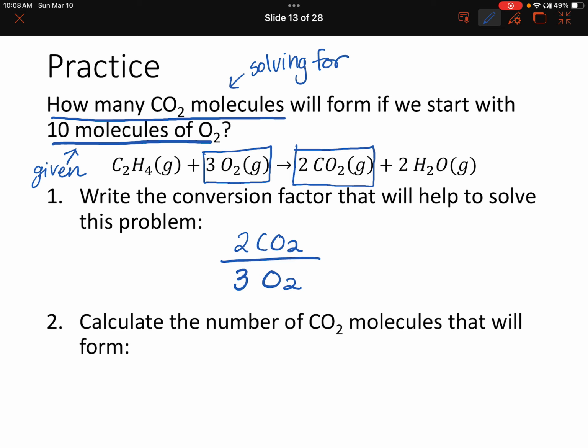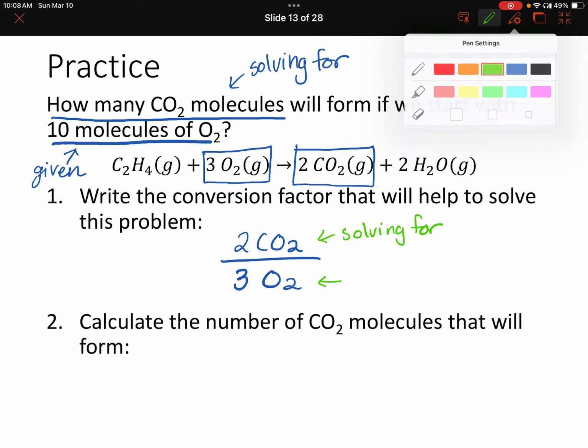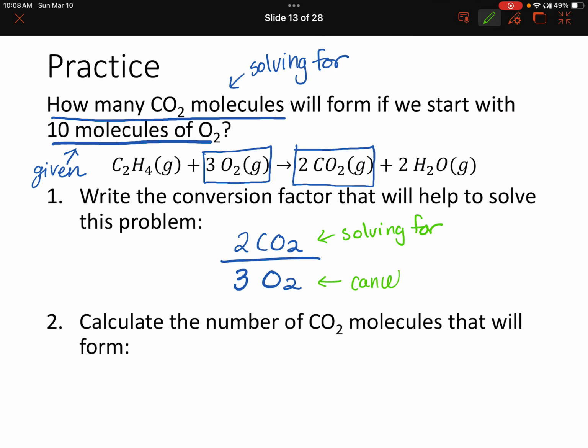So we'll put 3 O2 in the denominator. So again, we're solving for CO2 because the question asks how many CO2 molecules are we forming. And in the denominator, we put what we're canceling because that's what we're given, which is O2.